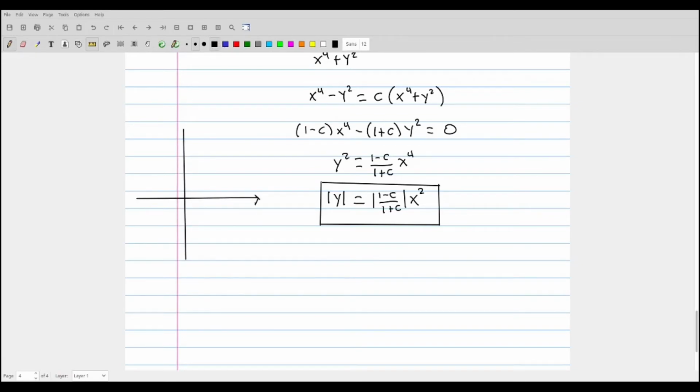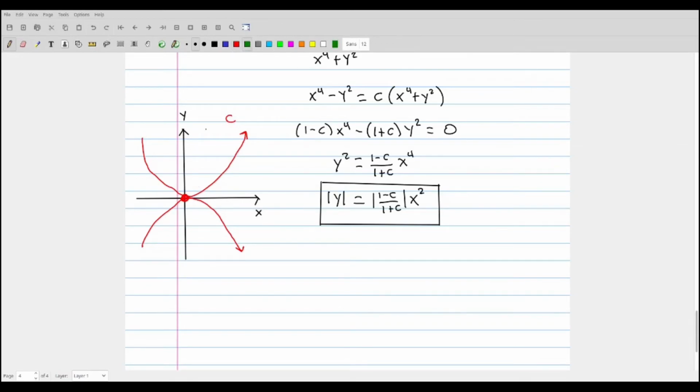So for any value of c in the range, you're going to have a parabola opening up, and also a parabola opening down, as the level curve for this function, for a fixed value of c.